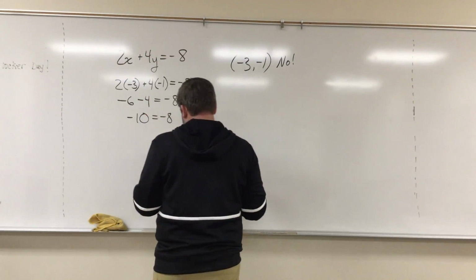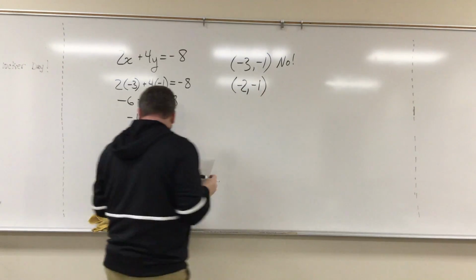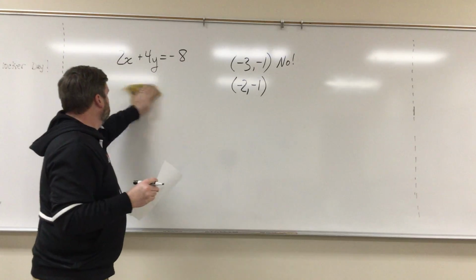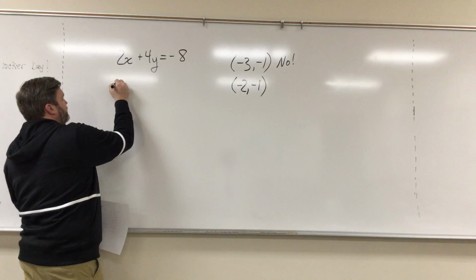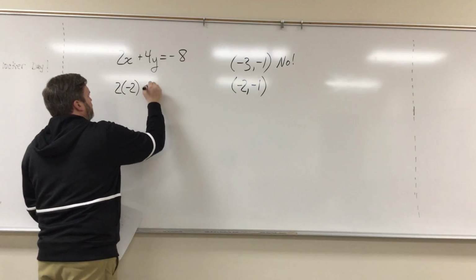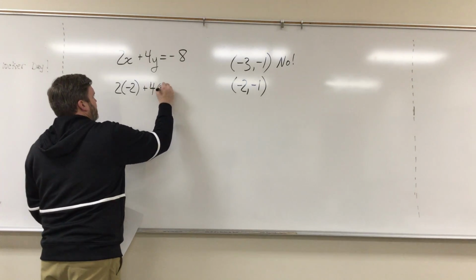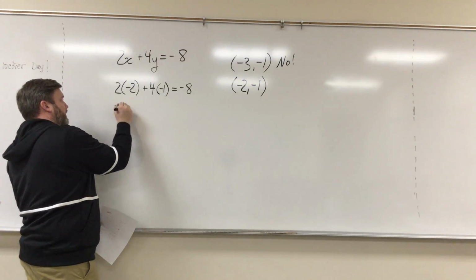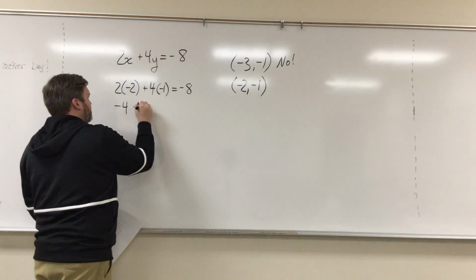Let's try negative 2, negative 1. So x is negative 2, y is negative 1. So that's 2 times negative 2 plus 4 times negative 1. 2 times negative 2 is negative 4. 4 times negative 1 is negative 4.